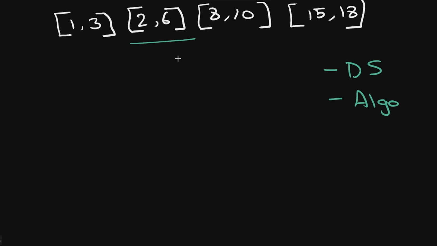Since we're only comparing to the previous item, we don't have to do an n squared loop over here. So we only have this one for loop, and inside of this for loop there would be some compare logic.